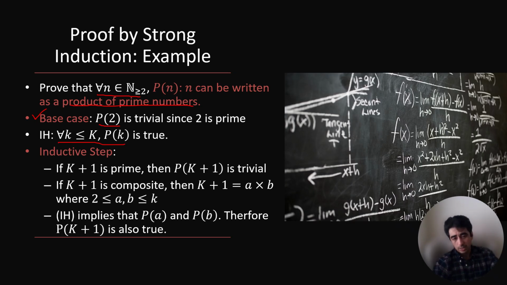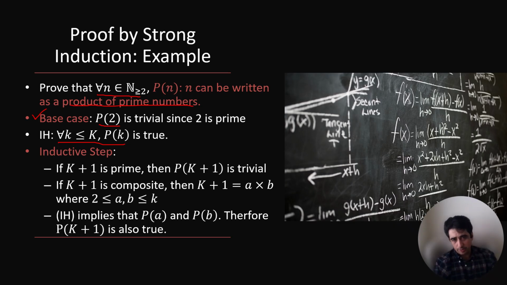What does it mean? It means that if you think about a capital K as a random number in this domain, the domain of all natural numbers greater than or equal to 2, we assume that any number less than or equal to capital K and greater than or equal to 2 can be factorized into prime numbers.